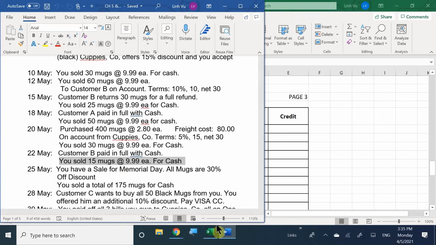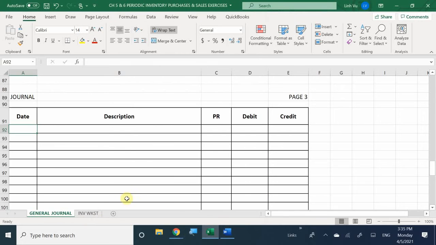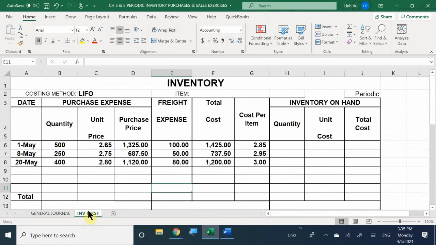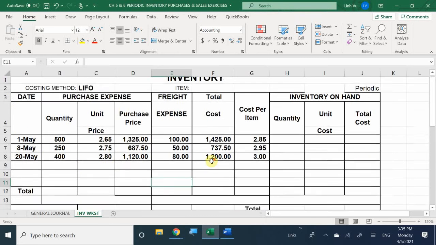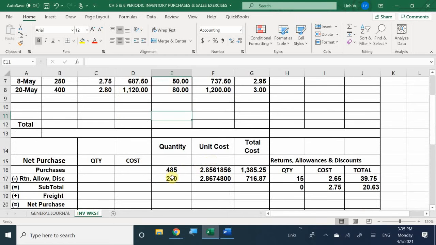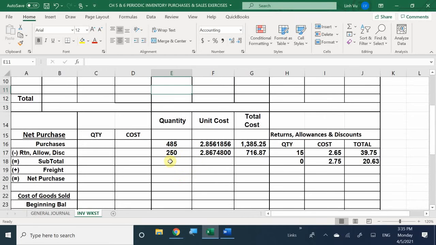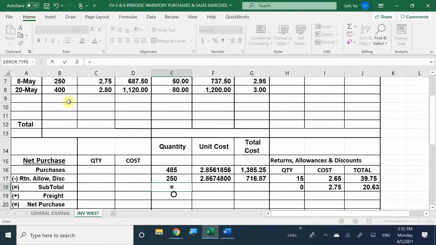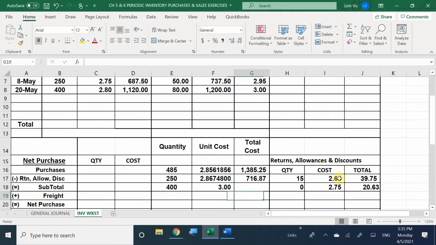Okay, so I'm going to go ahead and update my inventory just so that I don't forget that my 400 at $3 is good. So here I'm going to transfer it over here because we made no returns or allowances to this 400 batch, and we know it's $3 each, right?